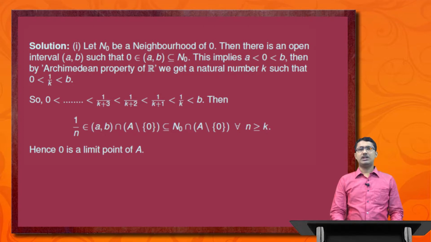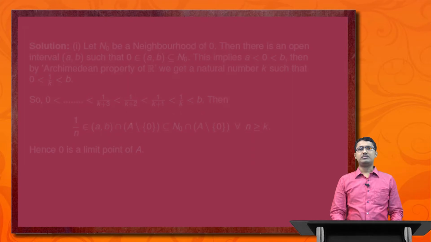Then we get 1/n belongs to the open interval (a, b) intersection (A minus {0}), and that is a subset of N_0 intersection (A minus the singleton {0}) for all n greater than or equal to k. That k we get from the Archimedean property. So 0 is a limit point of A.